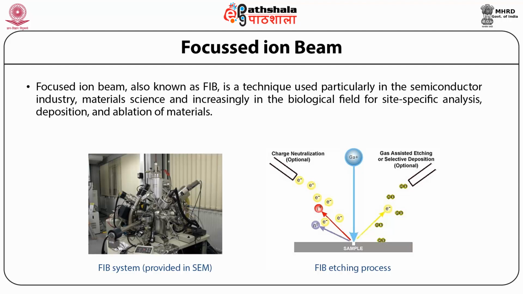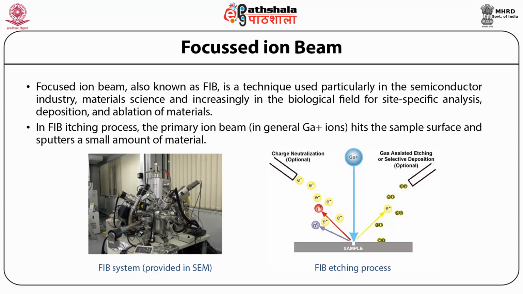Now the below figure shows the FIB system which was provided in SEM, and the right hand side figure shows the FIB etching process. In the FIB etching process, the primary ion beam, in general gallium, that is Ga+ ions, hits the sample surface and sputters a small amount of material.